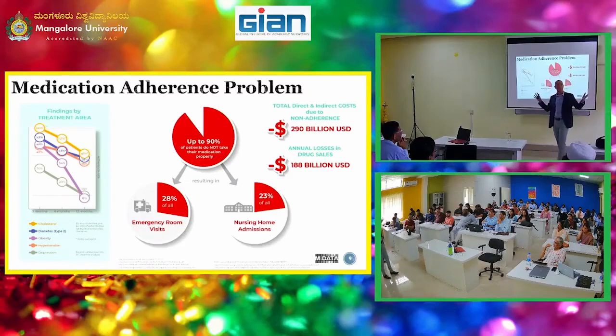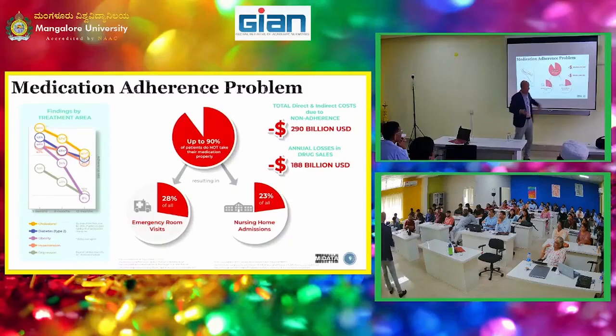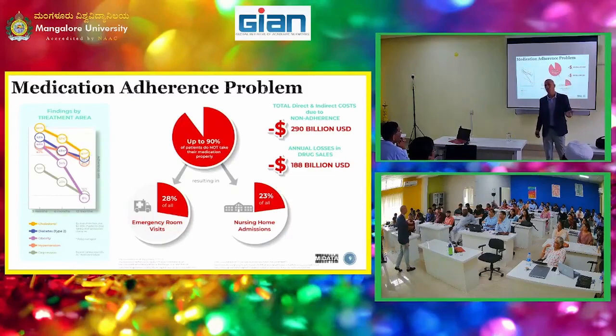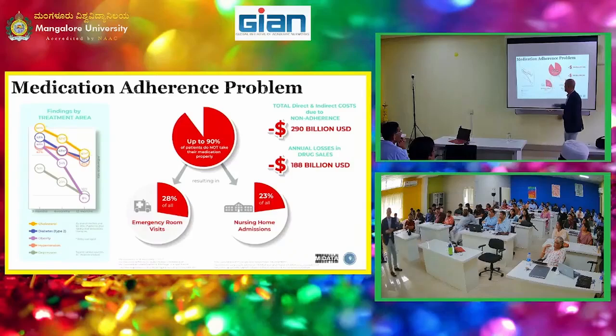It's wonderful, by the way. Whereas in North America, your seniors tend to go to nursing homes for the final years. And if you don't take your medication, that increases the risk that you're going to go to that nursing home early. Okay? So that was the reason for this medication device.